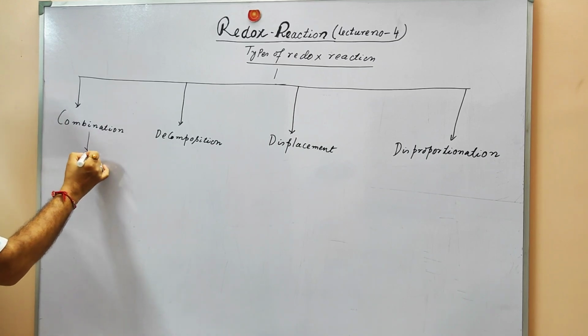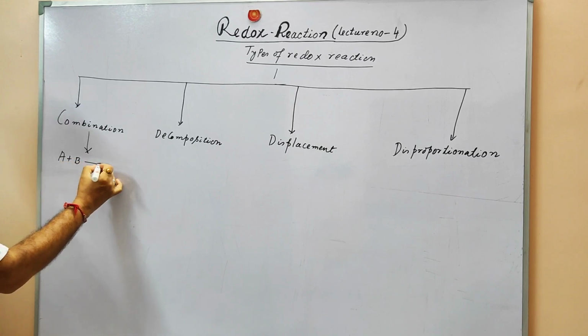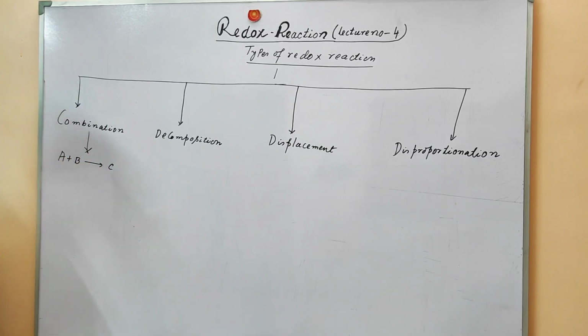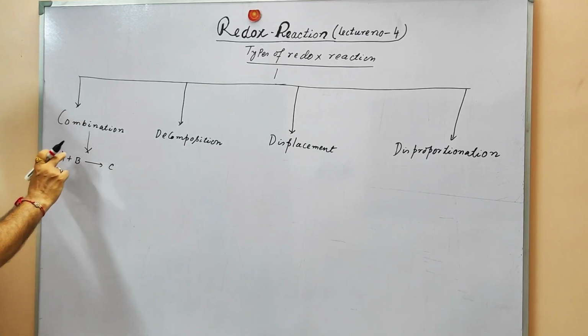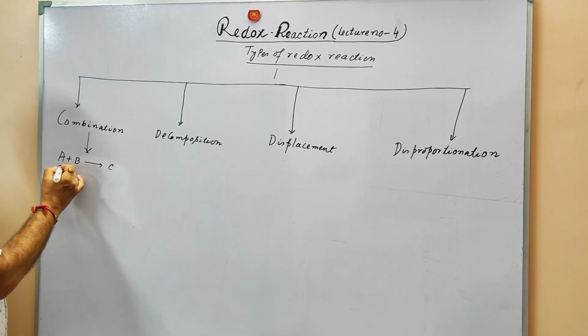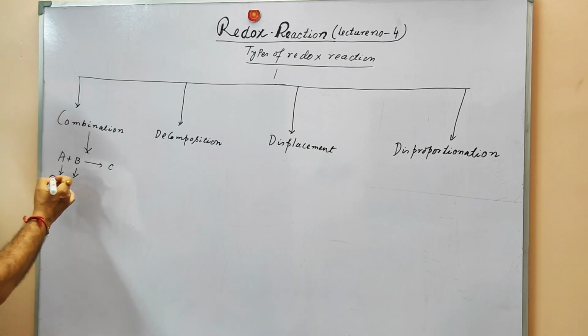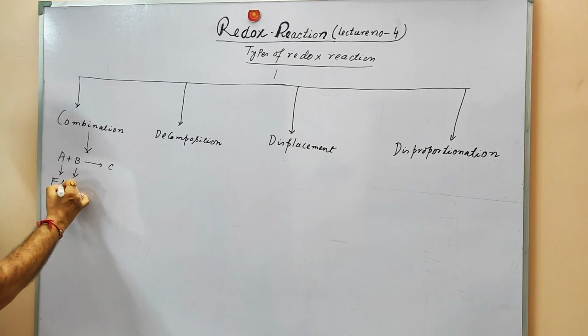The combination redox reaction can be represented by A plus B giving C. It is a redox reaction where 2 molecules or 2 atoms combine to produce a third molecule. Here A and B give the molecule C. The main condition of this redox reaction is that both or one of the reactant species, A or B, must be in the elemental stage.